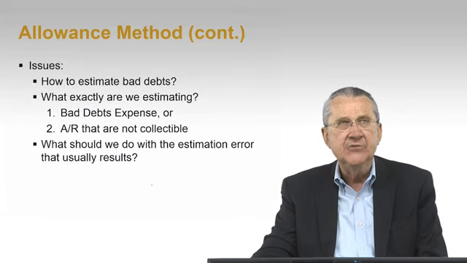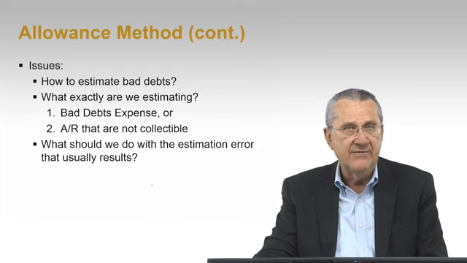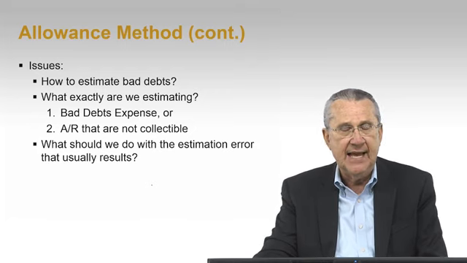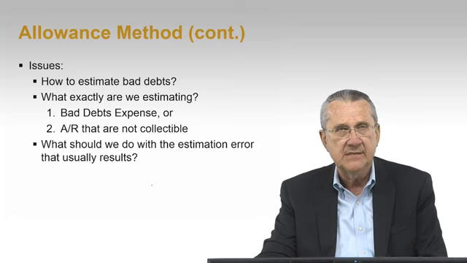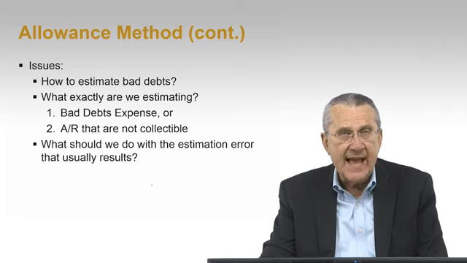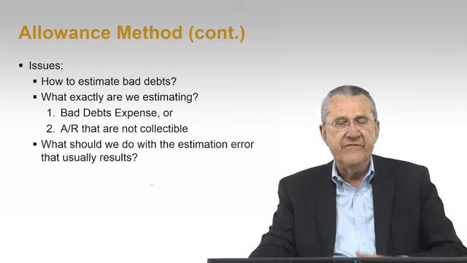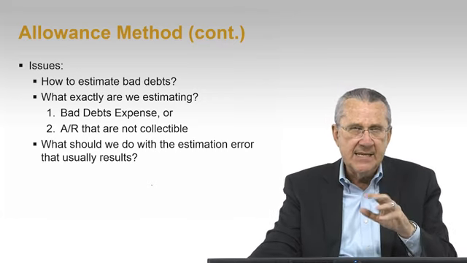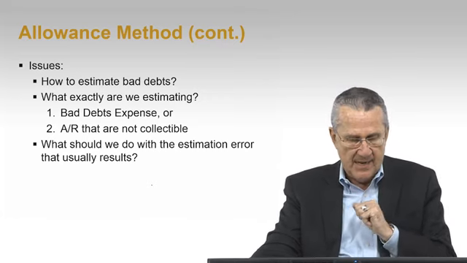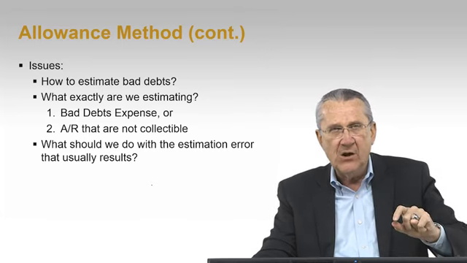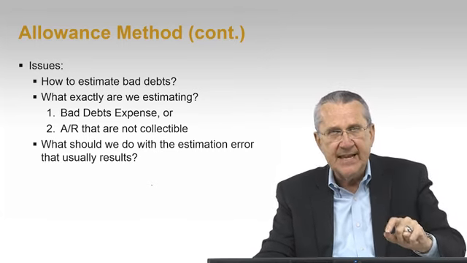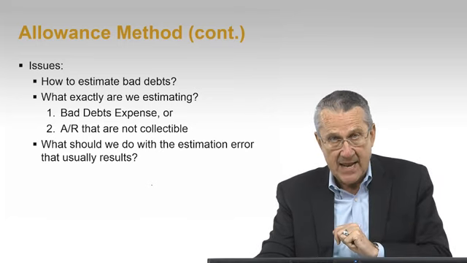Now, using the allowance method, a number of obvious issues arise. How do we estimate bad debts? What data do we consider? What exactly are we estimating? Are we focusing on producing the best income statement that we can, and therefore we're focusing on coming up with the best bad debt expense number that we can?